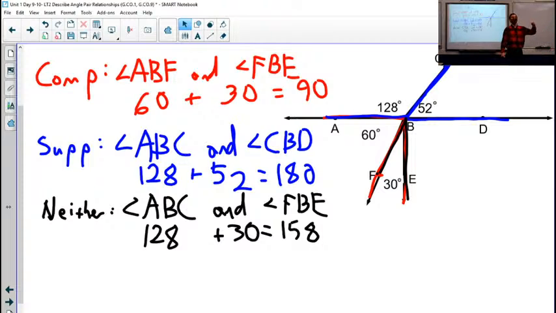Specific targets for what we're adding to would be complementary and supplementary. Questions so far? Okay.